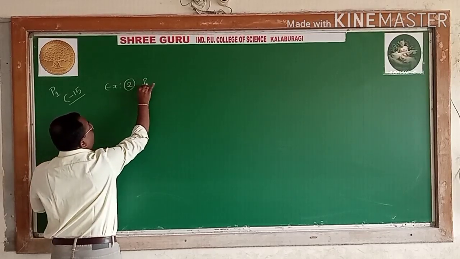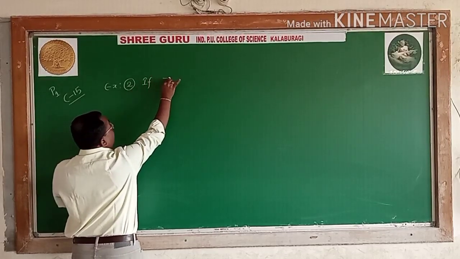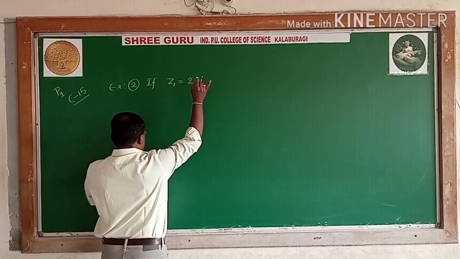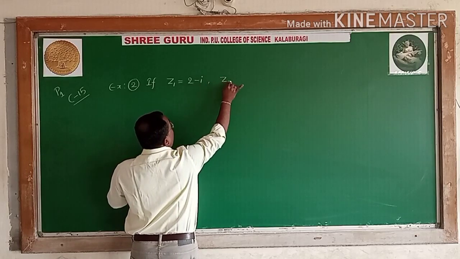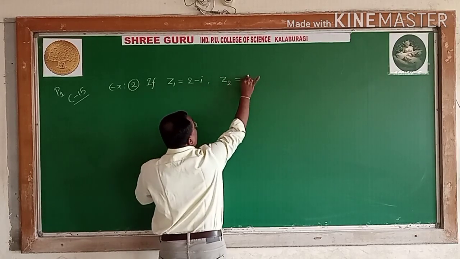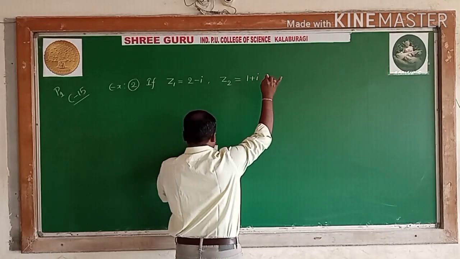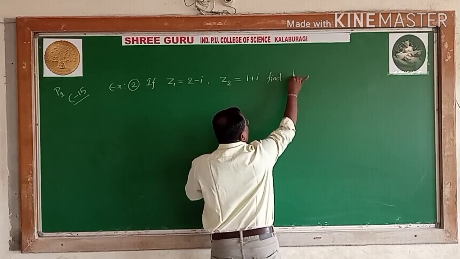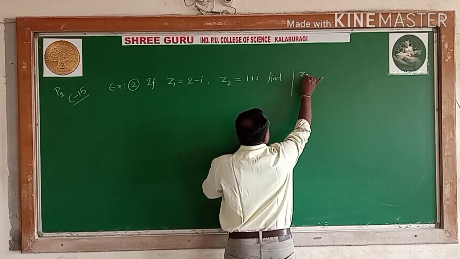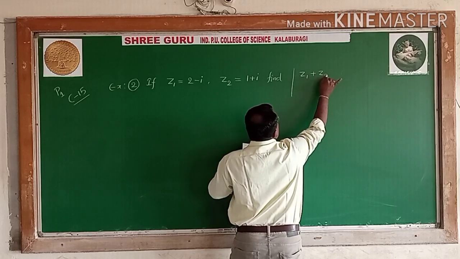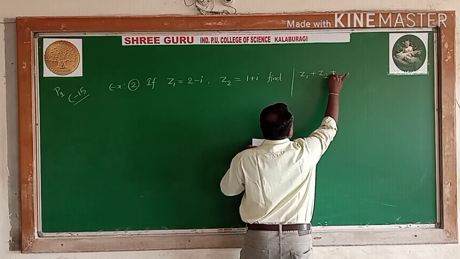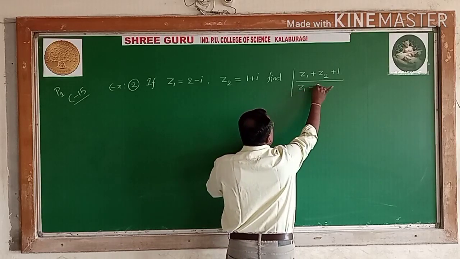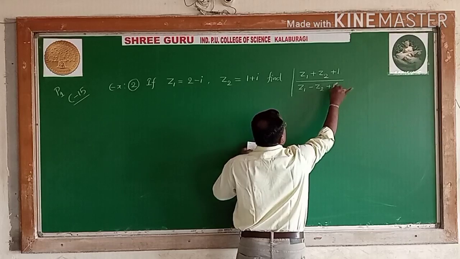Example number 2. If Z1 is equal to 2 minus i, Z2 is equal to 1 plus i, find the modulus of (Z1 plus Z2 plus 1) divided by (Z1 minus Z2 plus 1).